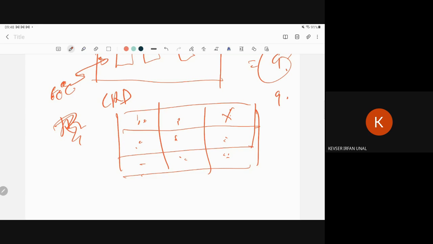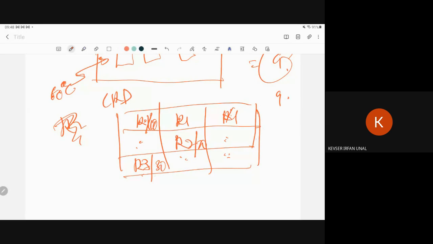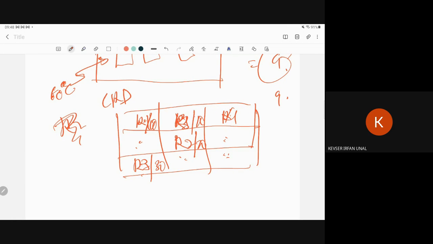For example, this is rep 1, and then this is rep 2 20, this is rep 3 30, and then this is rep 3 10. See, you just mix them up. Oh, so it's still considered random, even if we put them in the water bath at the same time? Yes. Oh, okay, I thought it was sequential.